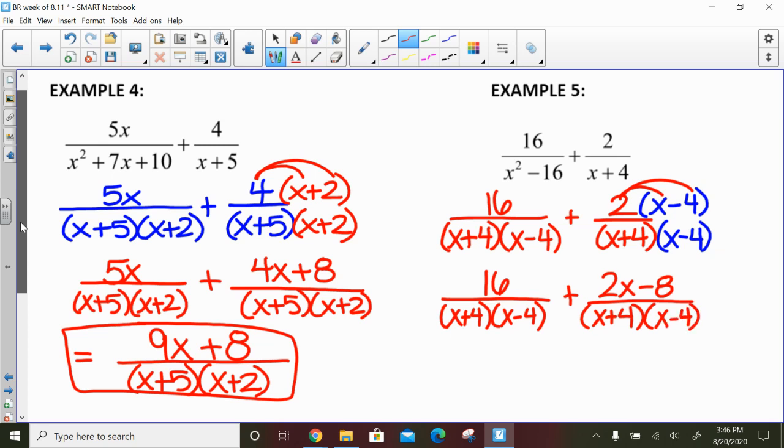And then I'm going to combine like terms to pull the fractions together. So when you look at the tops here, you have 16 plus 2x minus 8. The 16 minus 8, that's your like term. The 2x is just going to stay 2x. So 2x, 16 minus 8 is a positive 8.